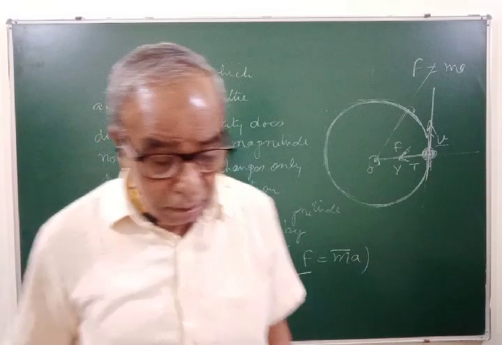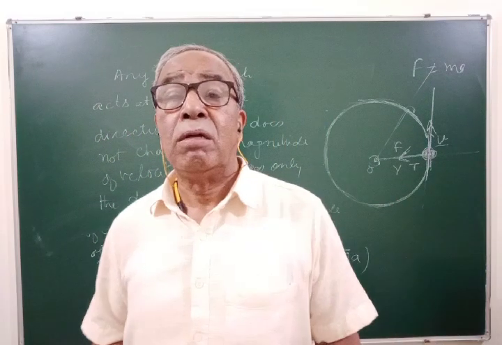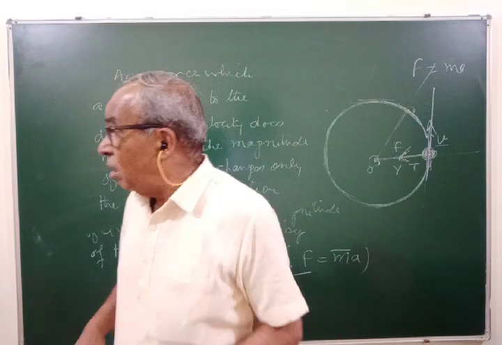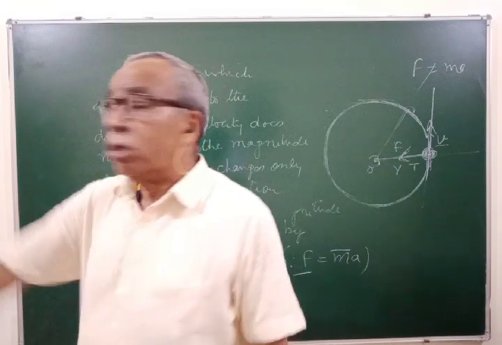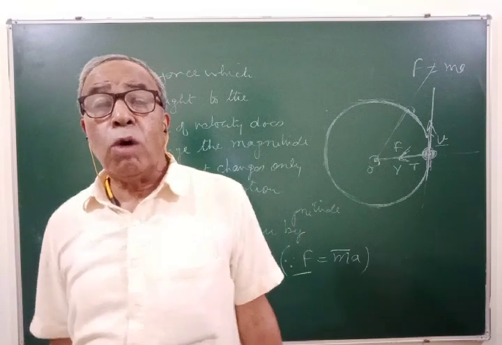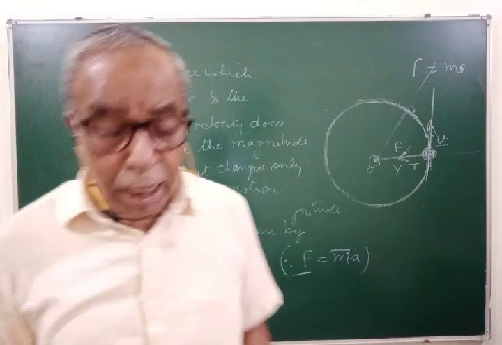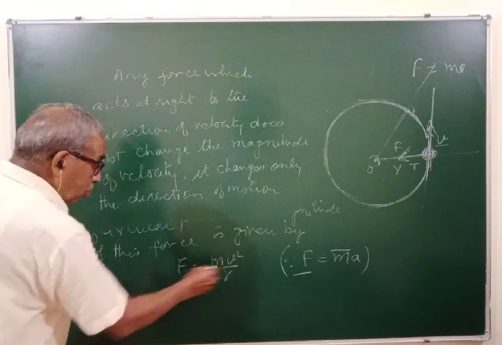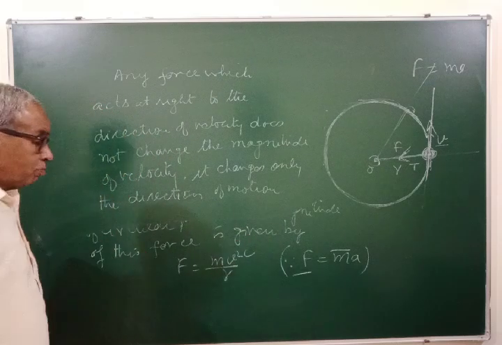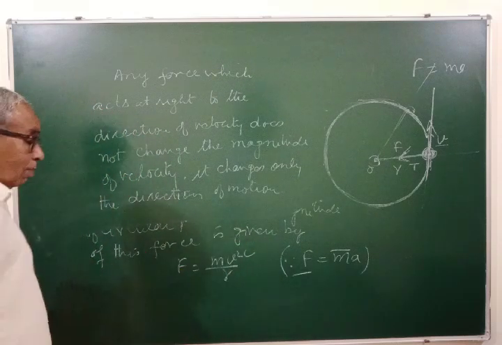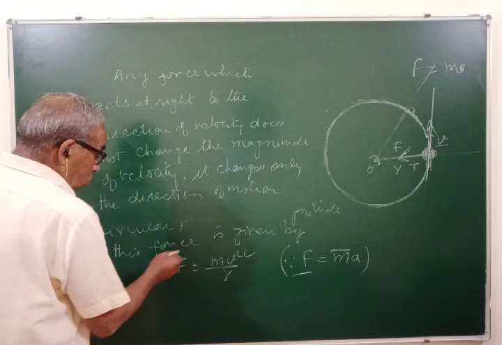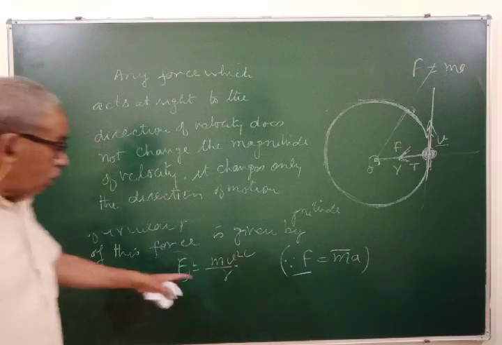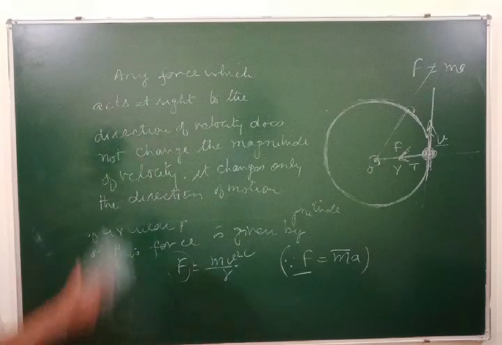We might have seen a car race. Some cars in the race lose their path. They go out. Why do they go out? Because they are not able to obtain the force proportional to v square. If v square is larger, the required force is much larger.